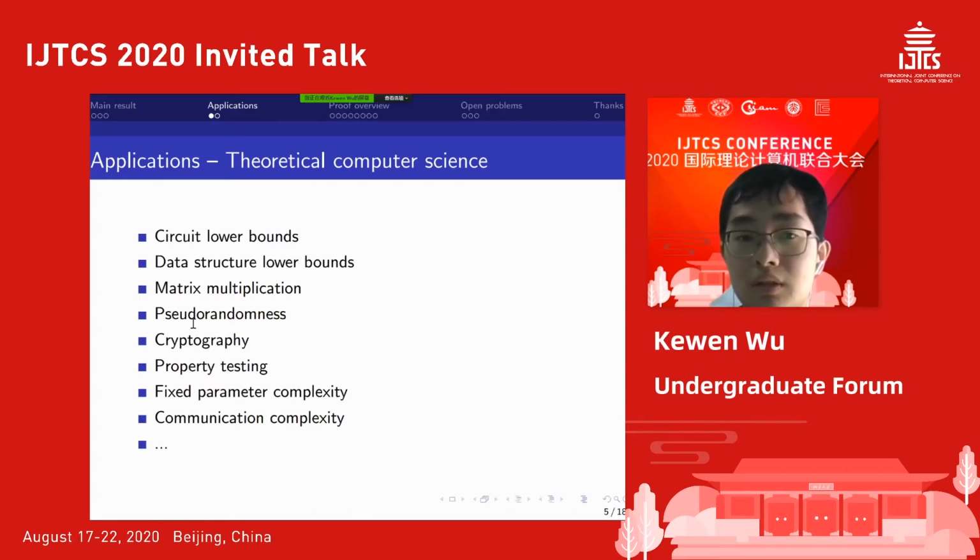It's also used in pseudo-randomness to do DNF sparsification. It's also used in cryptography and property testing, and it's a common technique in fixed parameter complexity called kernelization, and it's recently used in communication complexity to prove a lifting theorem, and many others. You can find all these applications in our conference version paper.